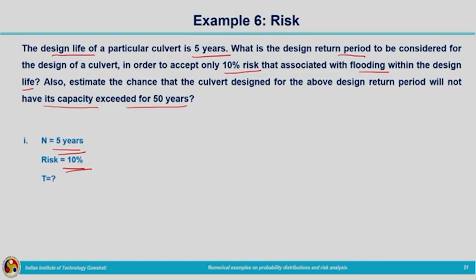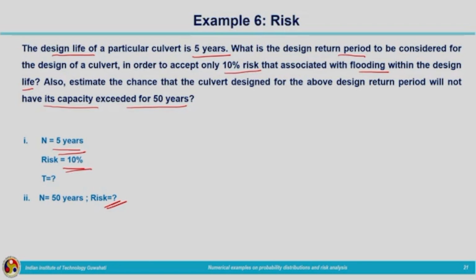We have the formula for risk. We need to compute the return period T, and the second part is to compute the risk. We have the design life of 5 years, and also the return period for which the risk has to be computed, the return period which we compute in the first part of the question. Two parts are there in this question.